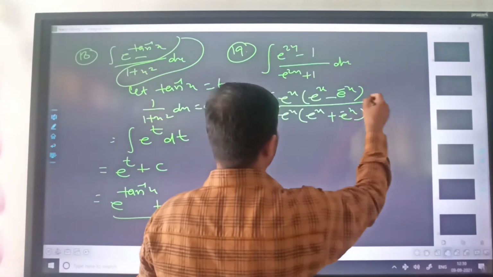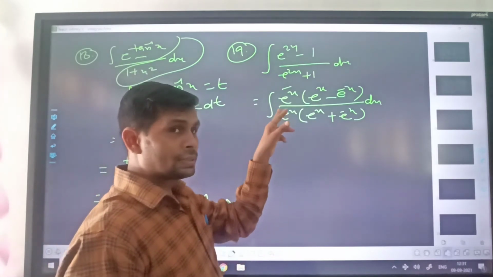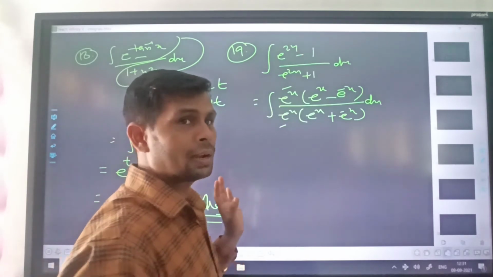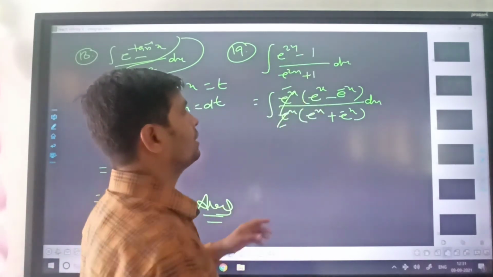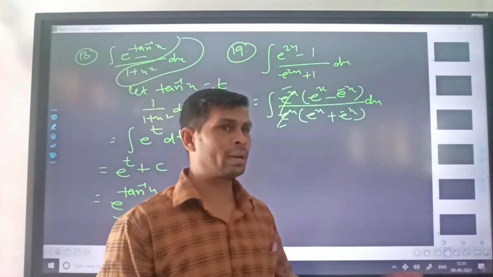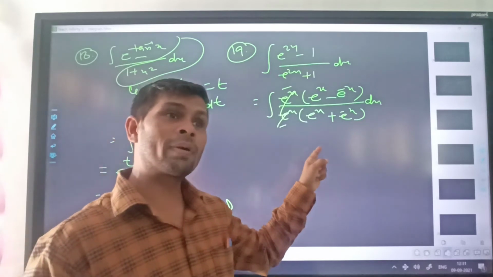Why have I taken e raised to the power x? Again, I have to adjust these two terms, because these two terms will cancel, and my question is totally in the form of e raised to the power x. Since I have taken e raised to the power x in the numerator, I have to take e raised to the power x in the denominator.